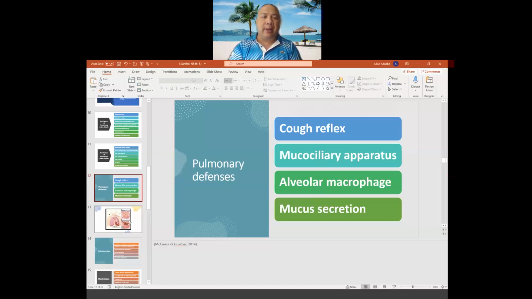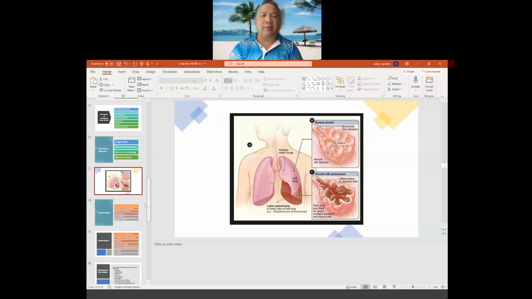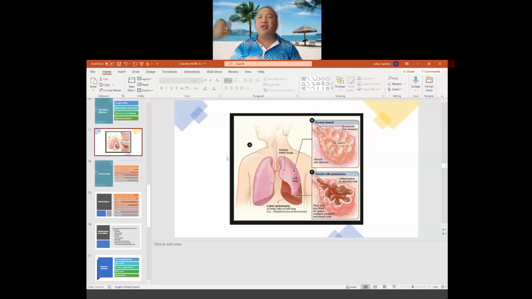So now in pneumonia, first, how do we get the microorganisms into the body? The most common route would be through your mouth.